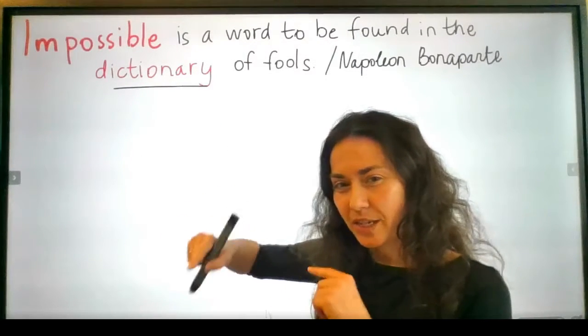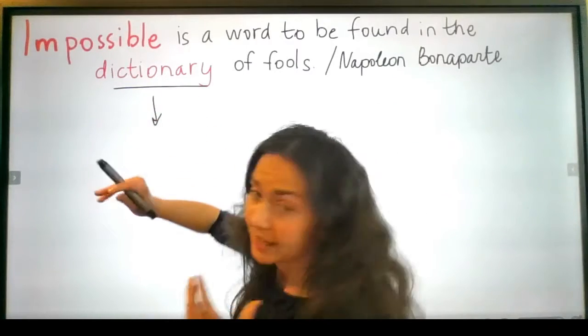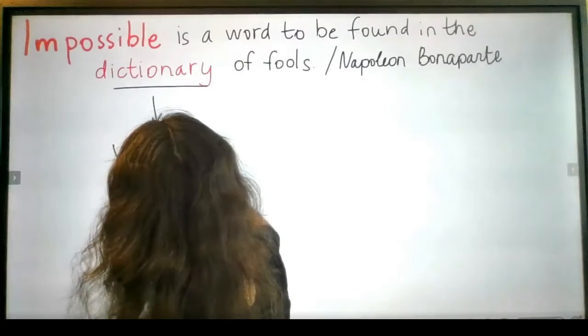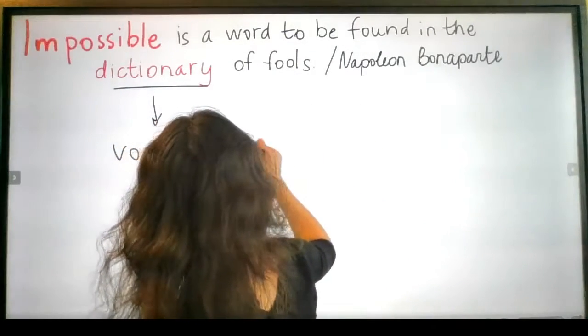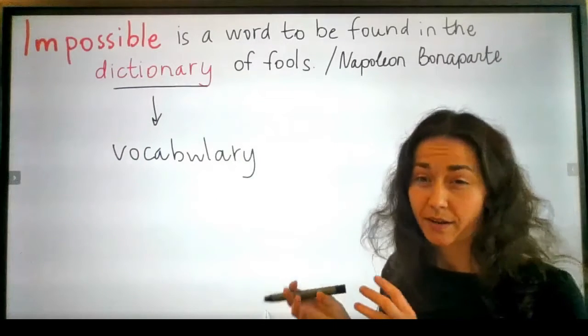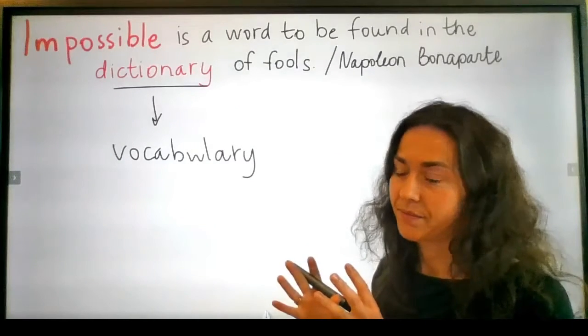Before we dive into dictionaries and where you can find these words, let's speak about the differences between the word dictionary and the word vocabulary. You can say that these two words are quite similar, but there is a huge difference.